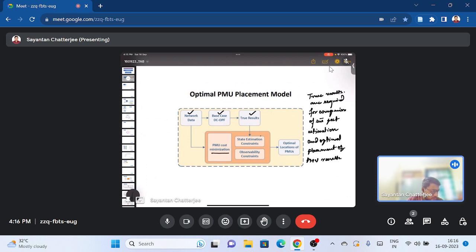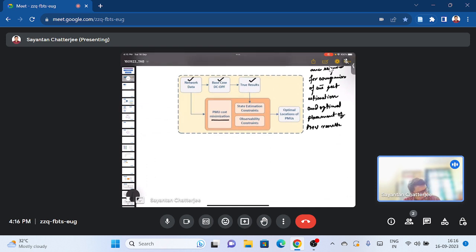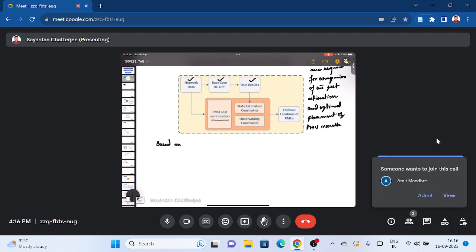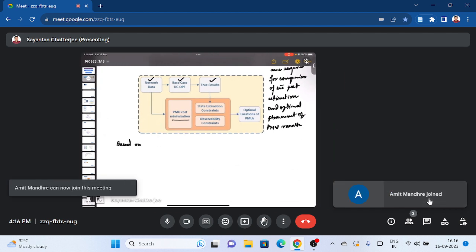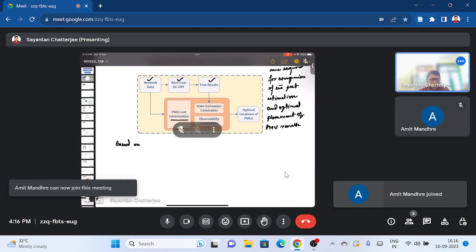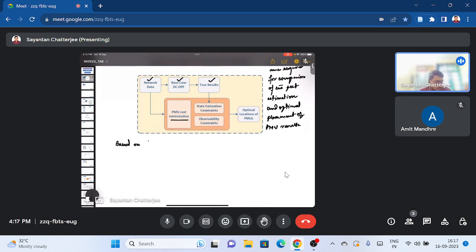Here we have the state estimation constraints and observability constraints. What is observability? Based on the measurements, the entire system needs to be monitored.